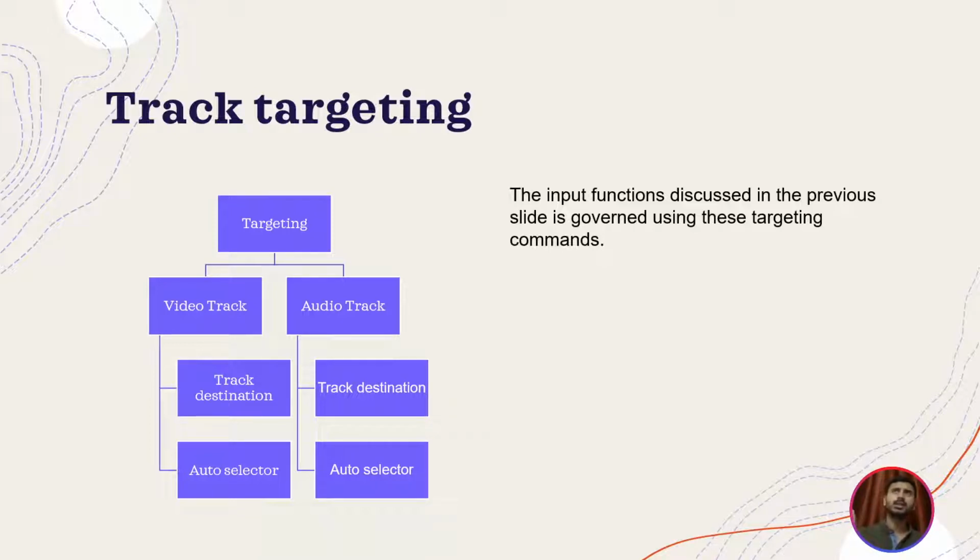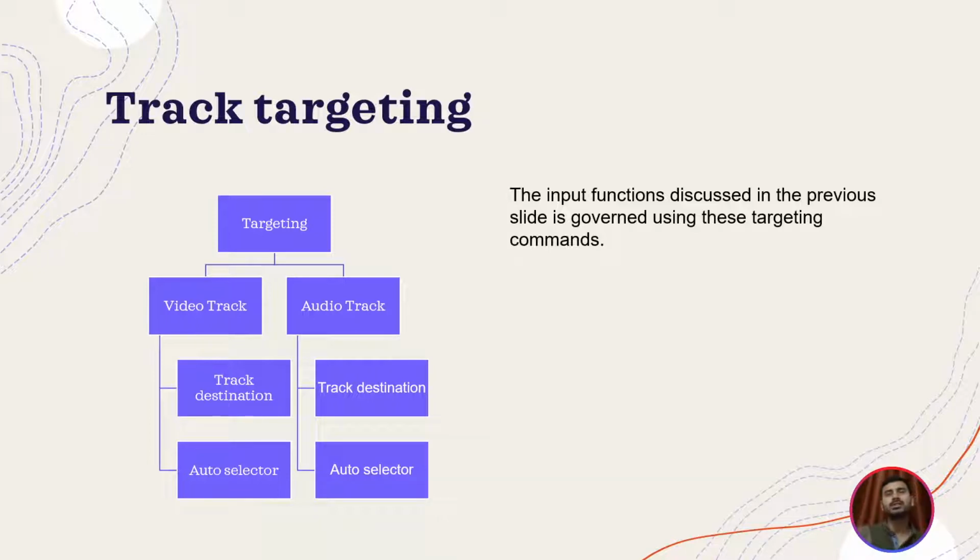The track destination allows, enables, or disables where the incoming clip or outgoing clip will be destined to. So if you are inserting something, will it come at V1 or V3 or V15 or whatever, or where the audio will come, at A1 or A6 or A2 or whatever.